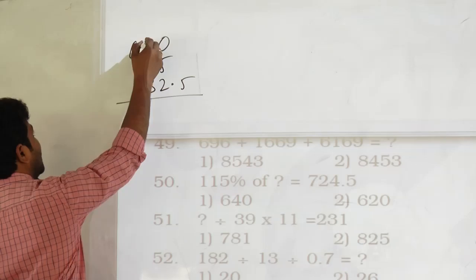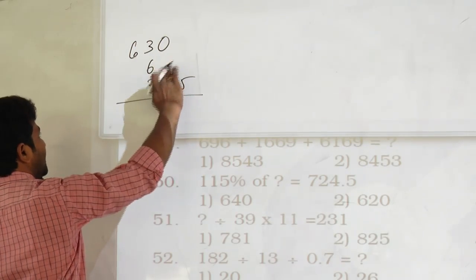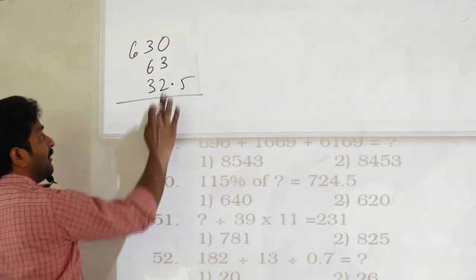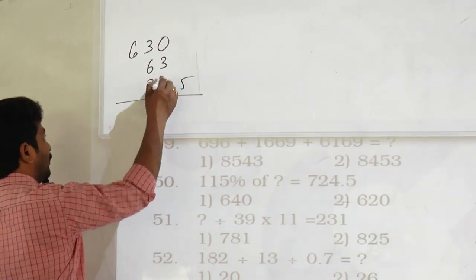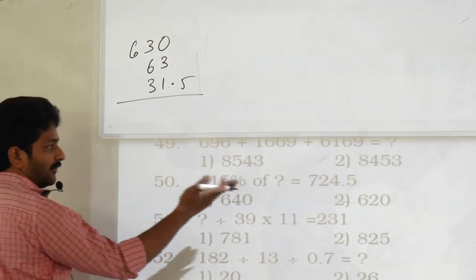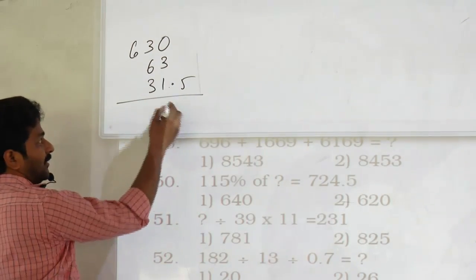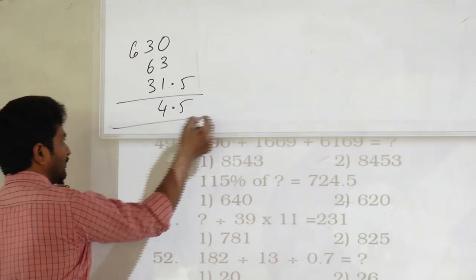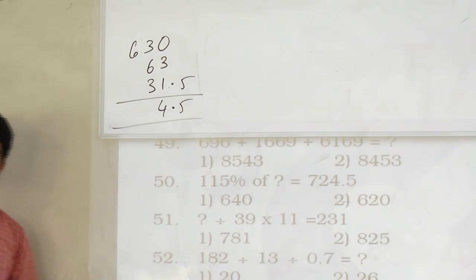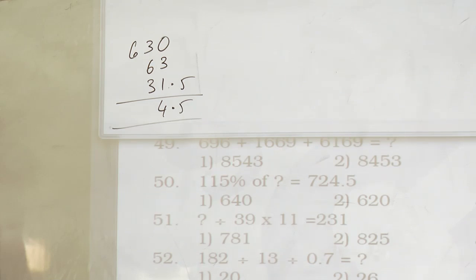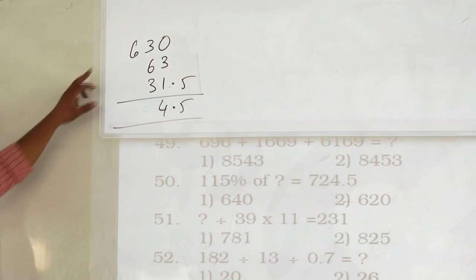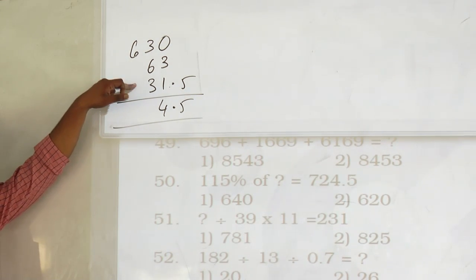If this is 630, 10% is 63. 5% is 31.5. Enough. 630 is the right answer. This is 100%, this is 10%, and this is 5%.